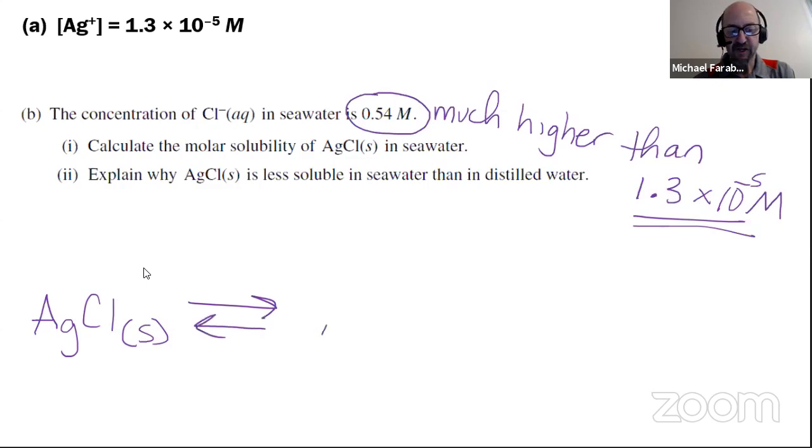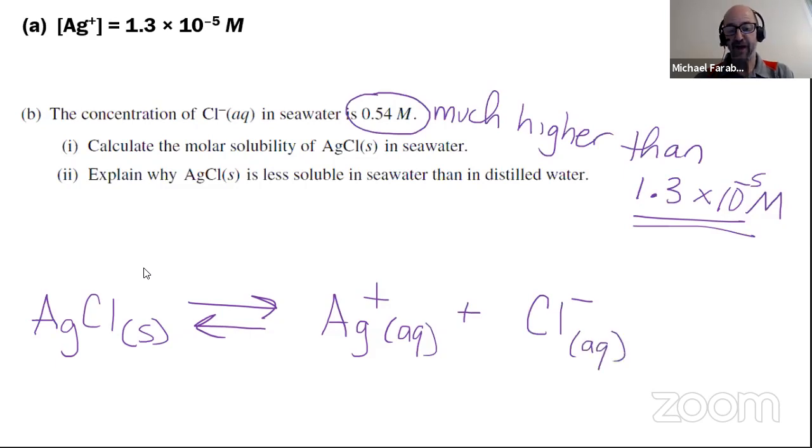I'm going to go ahead and just finish writing this equation for the dissolution. This relates to both Le Chatelier's principle and what is known as the common ion effect.